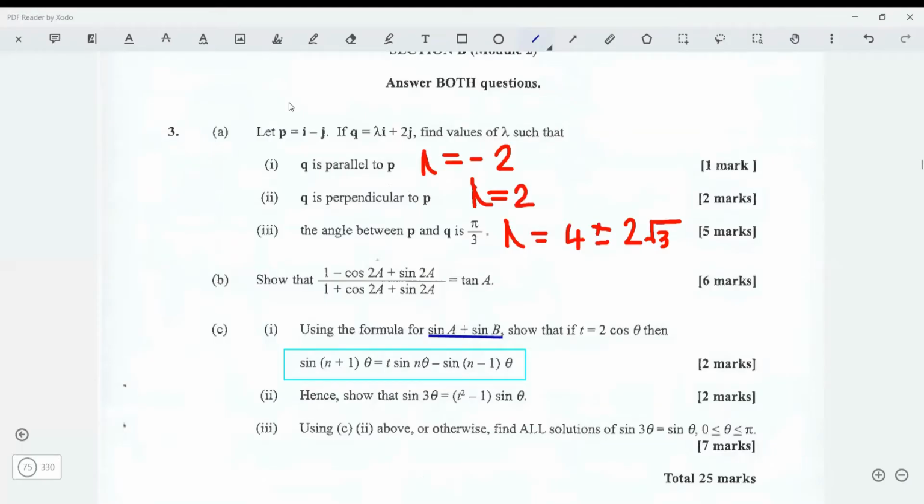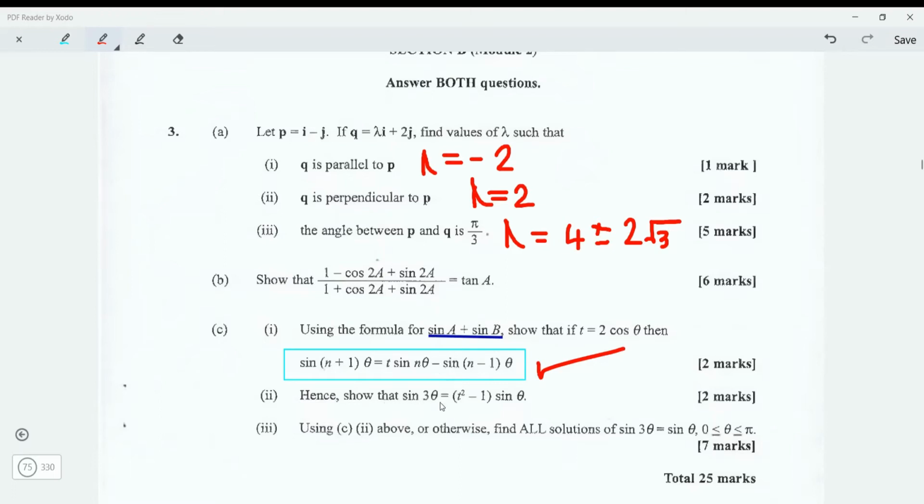So we did it that easy, but I think they should have put 3 instead of 2, but they say 2. Then it says, hence, show that sine 3 theta is this. Hence meaning using this knowledge up here. Now, look at this, Marika. If you put n as 2, 2 plus 1 is 3. So it says hence, meaning I need to use that formula.